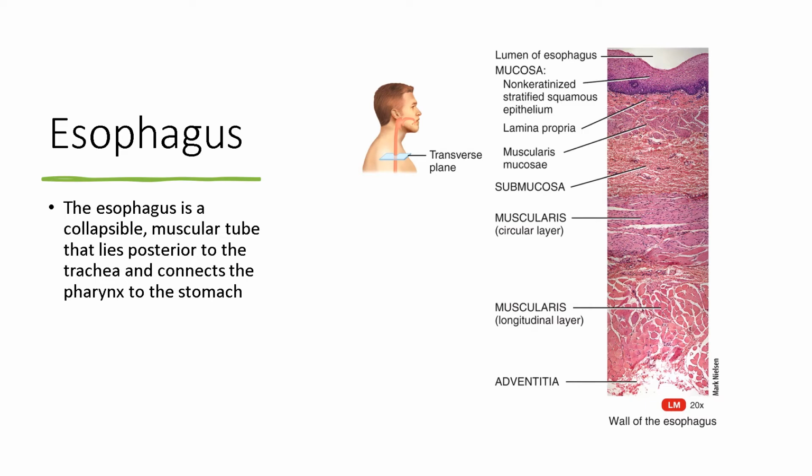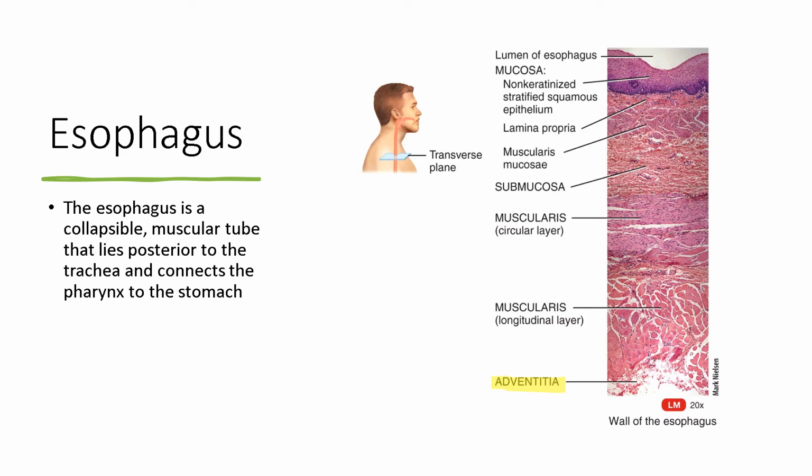Now, remember when we were talking about the different layers of the gastrointestinal tract, we talked about how the esophagus is a little bit different from the rest of the GI tract. The most superficial layer of the esophagus is known as the adventitia, as opposed to the serosa in the stomach and the intestines.